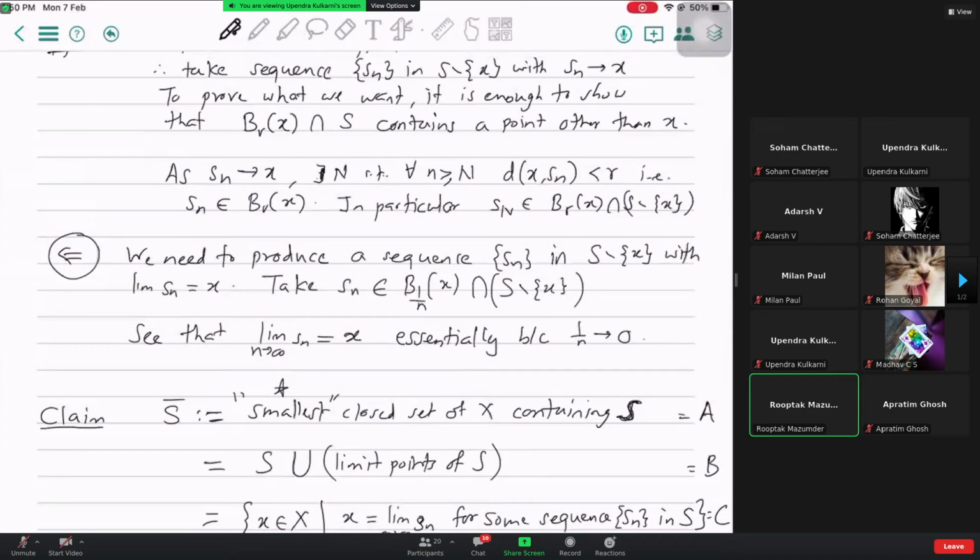We can just delete the X elements from the sequence. If I delete all the X elements, it's going to be the exact same proof: if I have a sequence that converges, then the limit of any subsequence is also going to be the same limit, right?